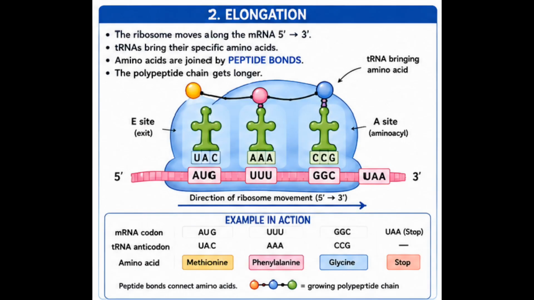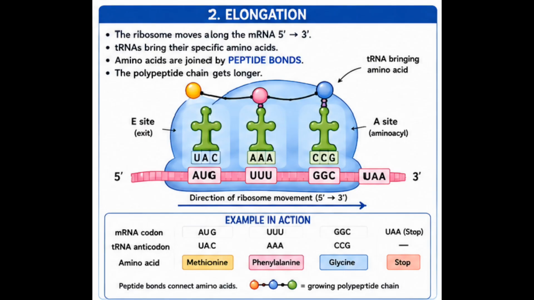Now that you already know the first process, let's proceed to the second process, which is elongation. This is the stage where the protein chain starts getting longer. The ribosome moves along the mRNA and reads one codon at a time. As each codon is read, a tRNA brings the correct amino acid.